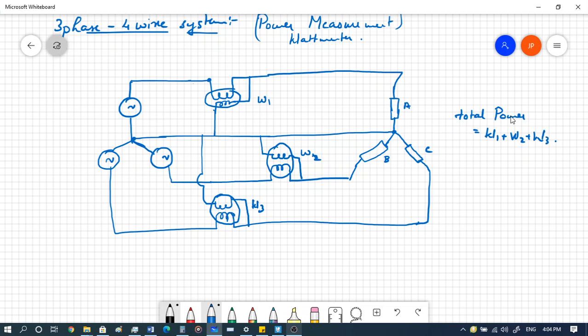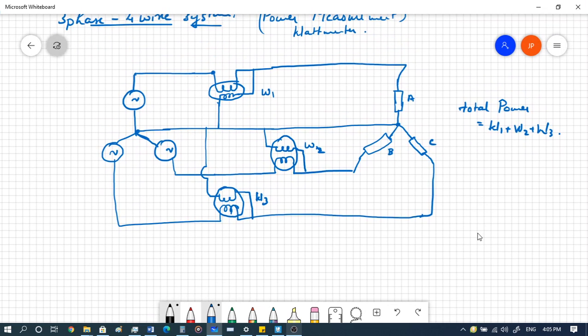And let's say you are having a 3-phase, so this will be the ground. Let's say you're having a 3-phase 3-wire system without the neutral, which means that it's a balanced system where IA plus IB plus IC, the currents, let's say these are IA, IB, the sum, the algebraic sum is basically equal to 0.